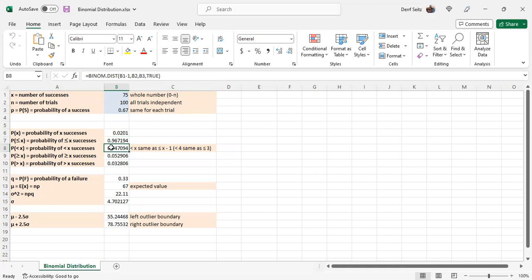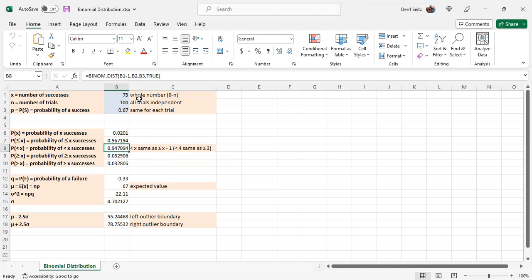The next probability is the probability of the number of successes being strictly less than x, whatever x is up here, strictly less. And for this one, there's a comment here. Let's read the comment. Being less than x for whole numbers, which is what we're dealing with here.